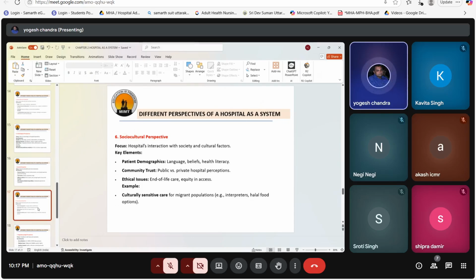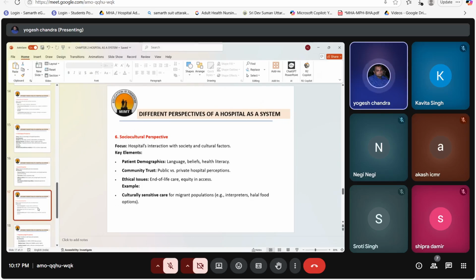And the same thing, ethical issues. Now it is also in India, it is also going to be legalized sooner or later. End of life care. This is a very important thing. In the world, there are a few countries where people go for this end of life. End of life, meaning they want to finish. They want to just get off all kinds of life support systems at the terminal stage.